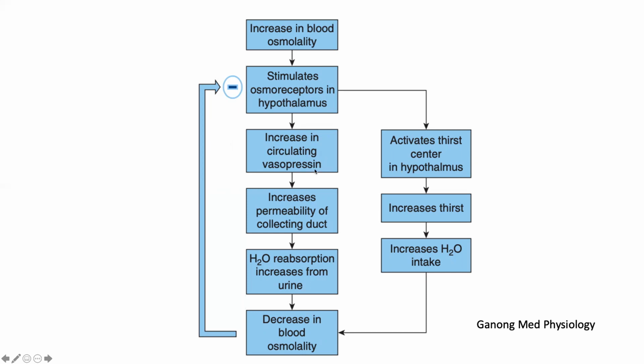That vasopressin will go to the kidney, act on the collecting duct and increase the water permeability, so that there is increased water reabsorption from the urine. Then there will be more water in the blood, and that will decrease the blood osmolarity. So this has a negative feedback effect on the stimulus at the osmoreceptor. And now our normal homeostasis is maintained.